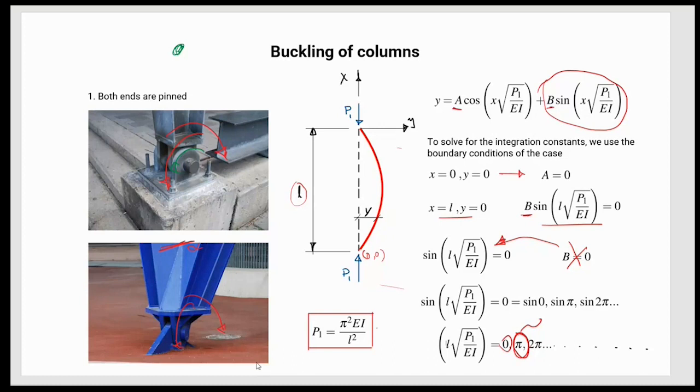And this is what is called the crippling load according to Euler. Meaning that at this point is when the column will start buckling.